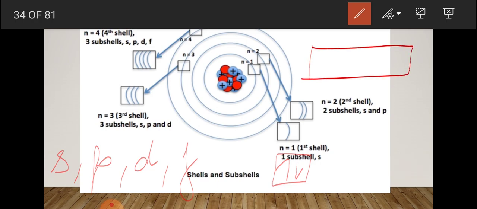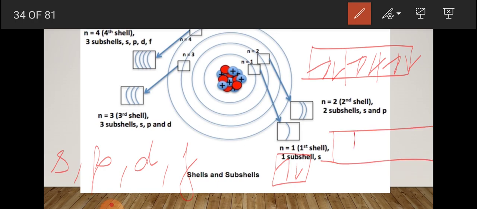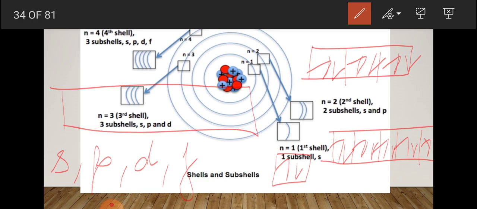In P, 3 orbitals will be there, maximum 6 electrons. In D, 5 orbitals will be there, maximum 10 electrons can accommodate. And in F subshell, 7 orbitals will be there, 1, 2, 3, 4, 5, 6 and 7, and total 14 electrons can accommodate.